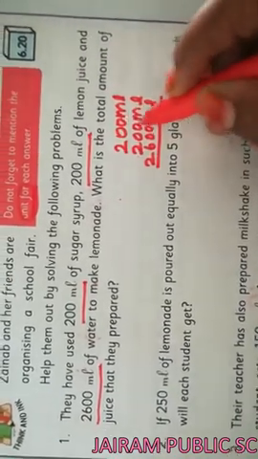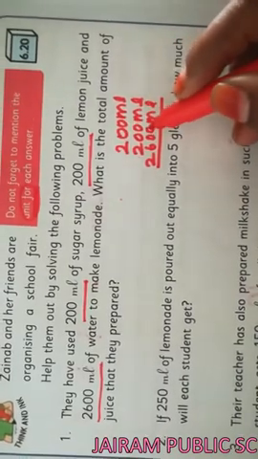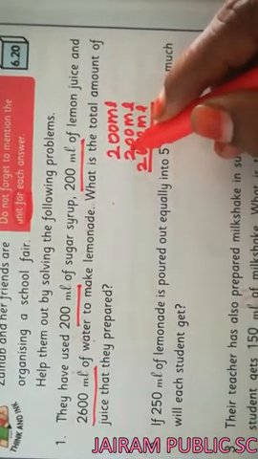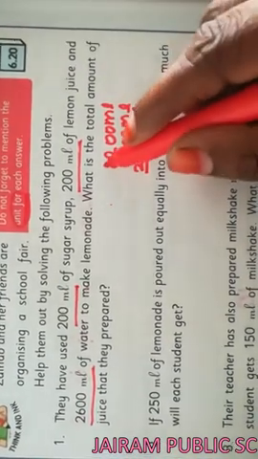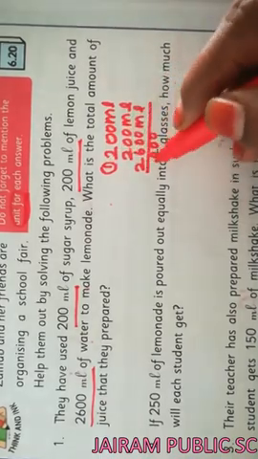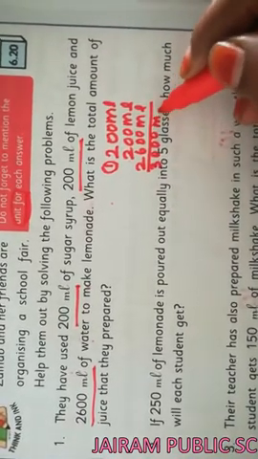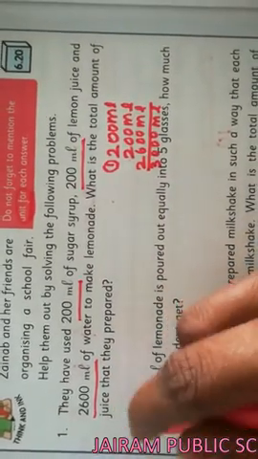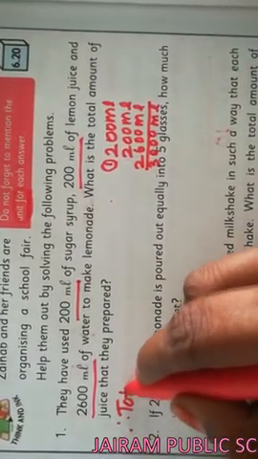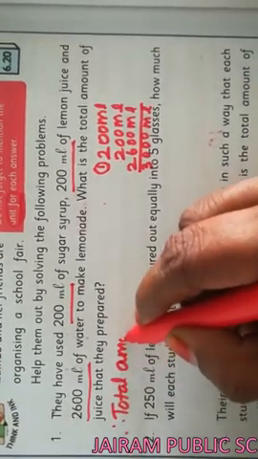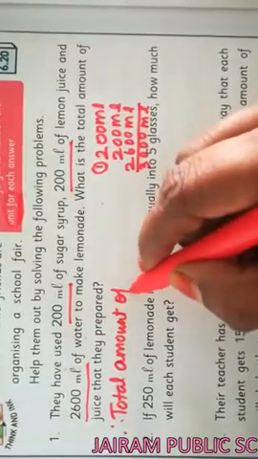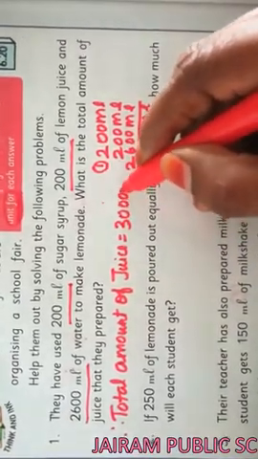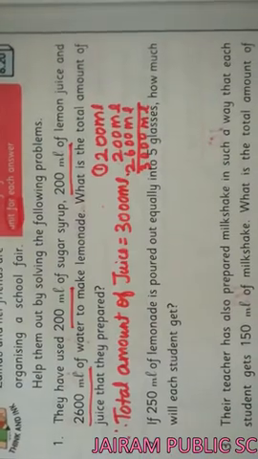Then we have to add the given numbers. 0 plus 0 plus 0 will be 0, 0 plus 0 plus 0 will be 0, 2 plus 2 will be 4, 4 plus 6 will be 10. For that we have to put it in the carryover. 1 plus 2 will be 3. So totally 3000 ml are used. Then we have to write that total amount of juice equals 3000 ml. Like that you have to do the sums.